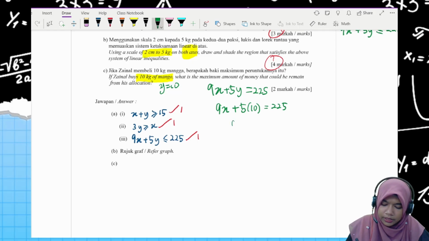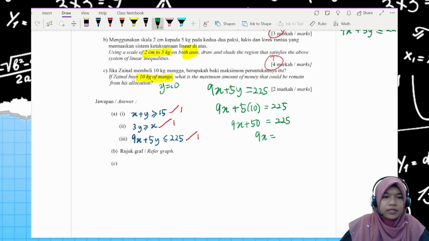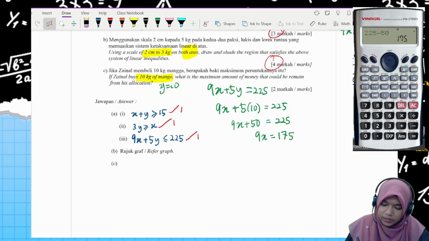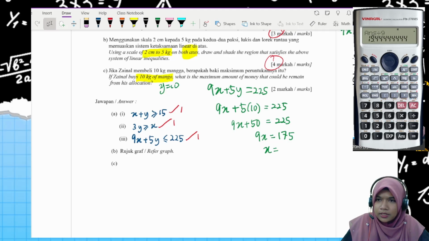It should be 9x plus 50 equals to 225. 9x equals to, keluarkan balik kalkulator cikgu. 225 minus 50, 175. x equals to 175 divided by 9, this one 19.444.